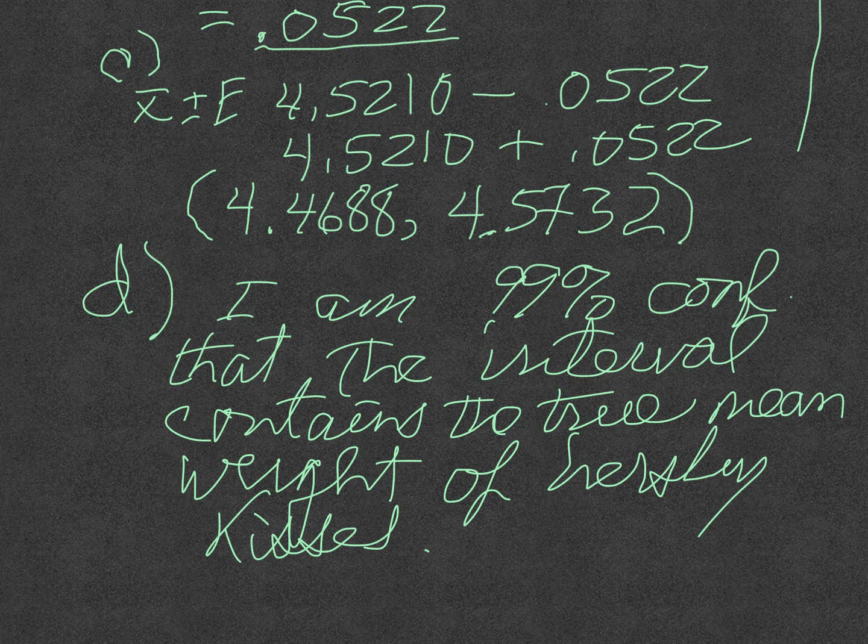Now that we have the conclusion, we'd probably like to do one more. If you're concerned about that conclusion, I would suggest you look at what page in your text. We are 99% confident that the interval, and I would list the interval 4.46 to 4.57, contains the true mean, and you could put grams on that.